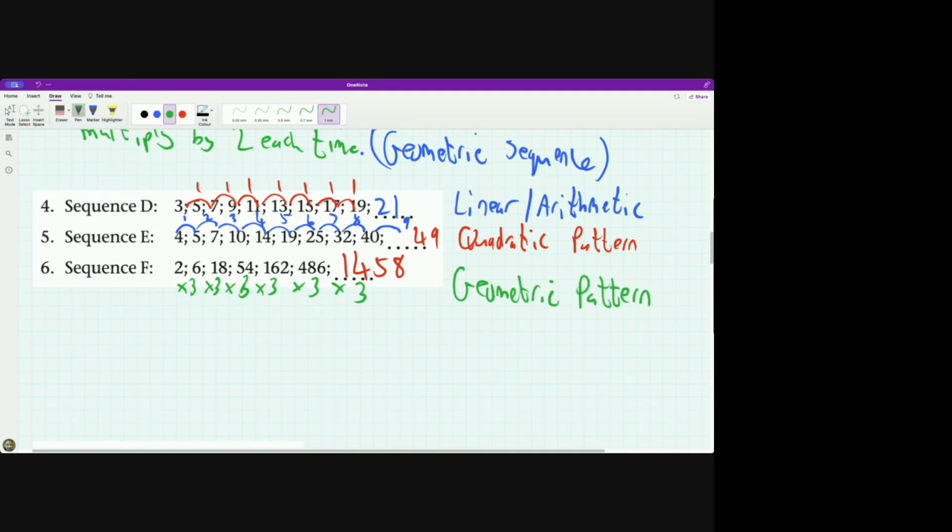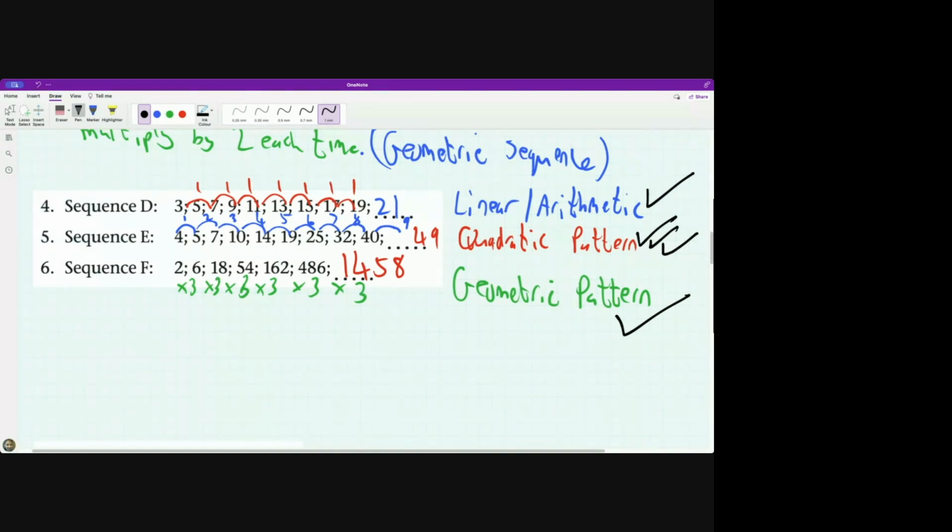Okay, now in this unit, we are going to learn about linear and arithmetic number patterns. The one that's going to get the most attention is the quadratic number patterns. And then we'll also learn a little bit about the geometric patterns. And at the moment, all you need to know is that for the linear ones, you either add or subtract a constant amount.